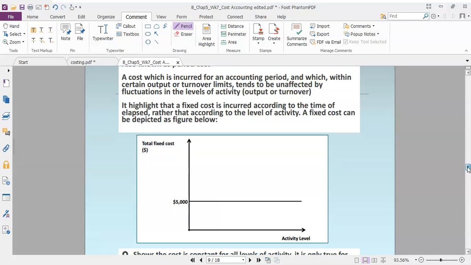Okay, kalau fixed nampak dekat point yang 5,000 tu, every level, activity level, contoh 1,000, 2,000 ke 3,000, dia still constant saja. Okay, sama saja. Okay, ini adalah fixed cost.